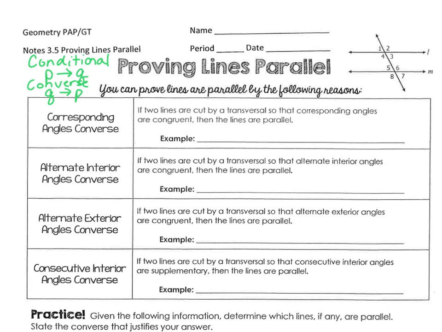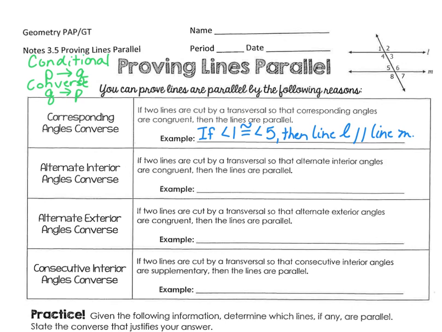So looking at that figure, an example would be if angle 1 is congruent to angle 5, then line L is parallel to line M.